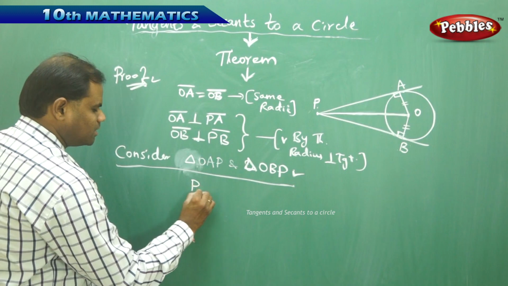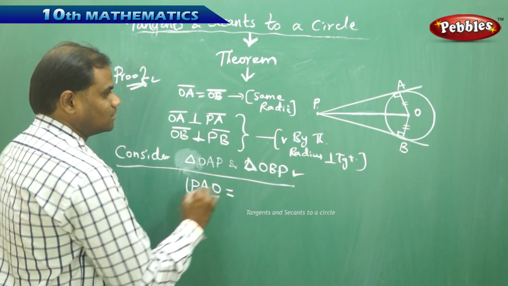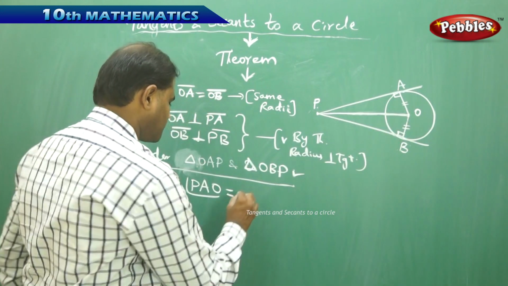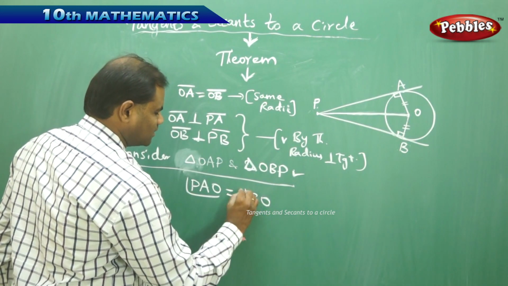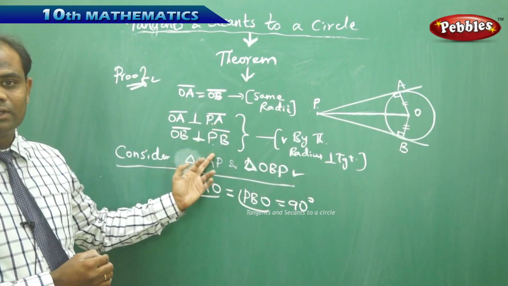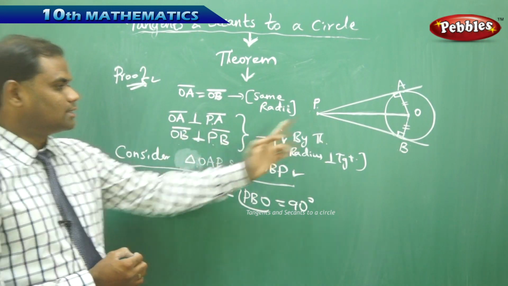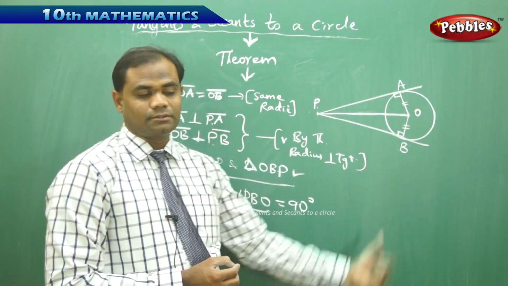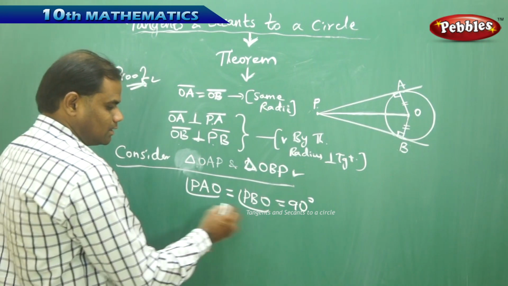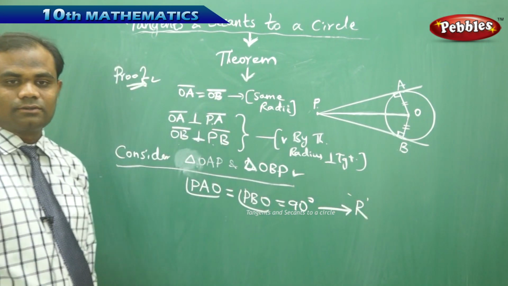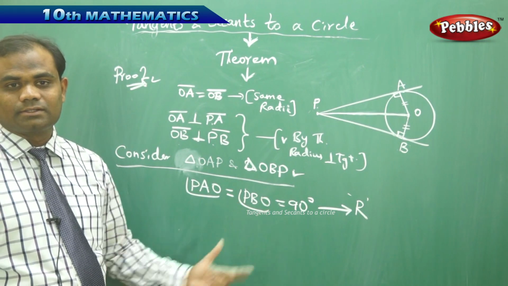Therefore, angle PAO of the first triangle is equal to angle PBO of the second triangle, because each one of them is 90 degrees, as already proved, since this is perpendicular to this and this is perpendicular to this using radius perpendicular to tangent. So one of the angles is 90 degrees, which is a right angle, in both triangles.